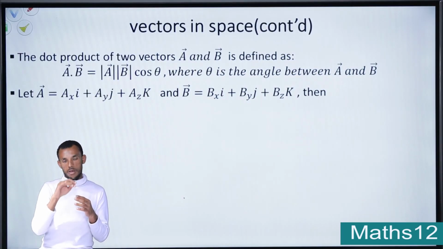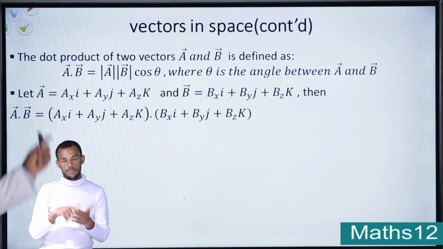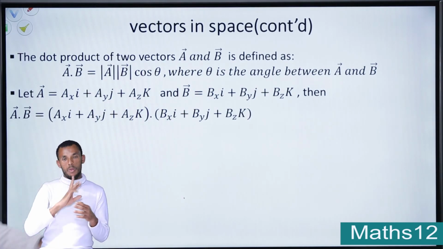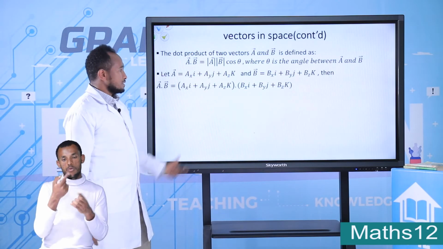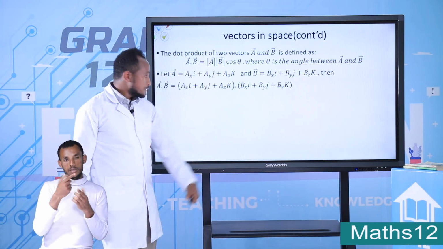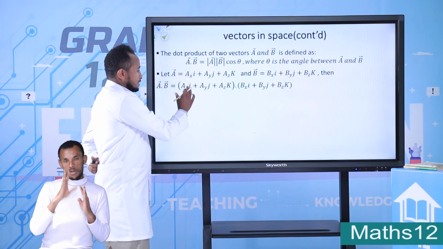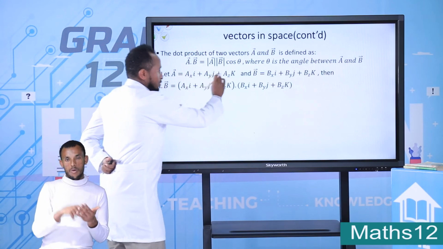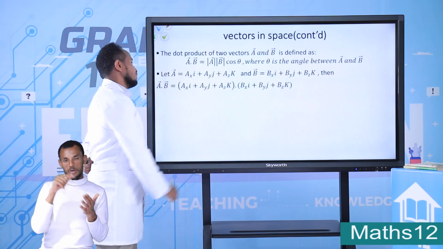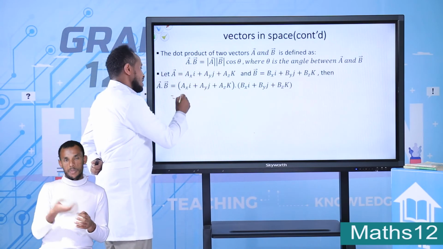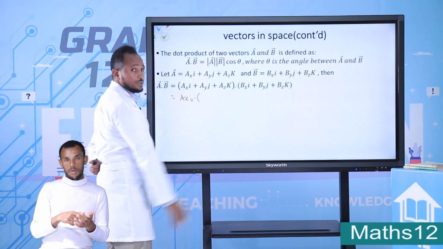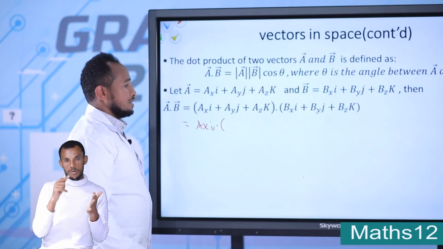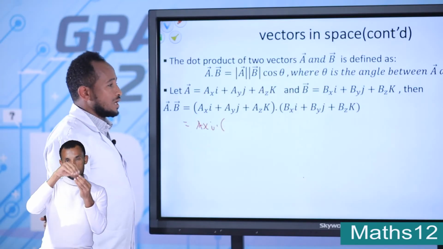Then we can also have another answer for the dot product. You can apply this to find another expression for the dot product of these two vectors. Let's apply this. A dot B will be the dot product of the two. Ax in the I dotted with, you can distribute this dot product.